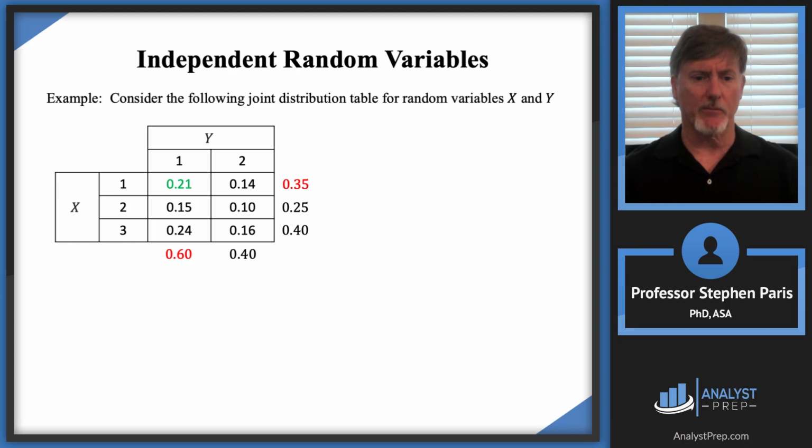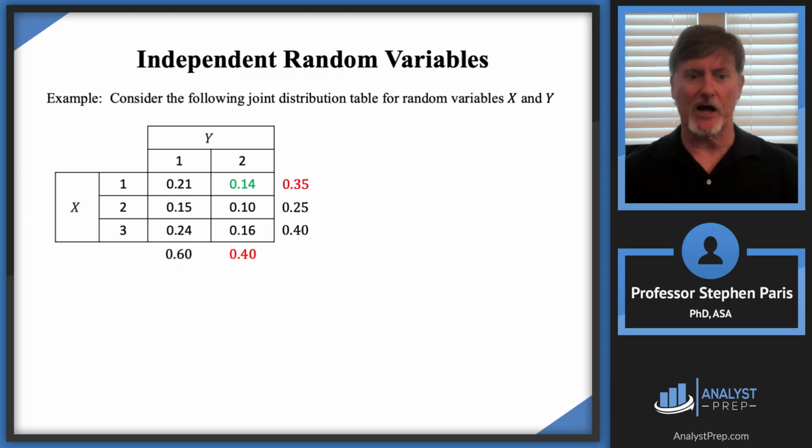When you multiply the reds together, 0.6 times 0.35, you get 0.21. And if you do this for all the different combinations, 0.6 times 0.25 would be 0.15. 0.6 times 0.4 is 0.24.